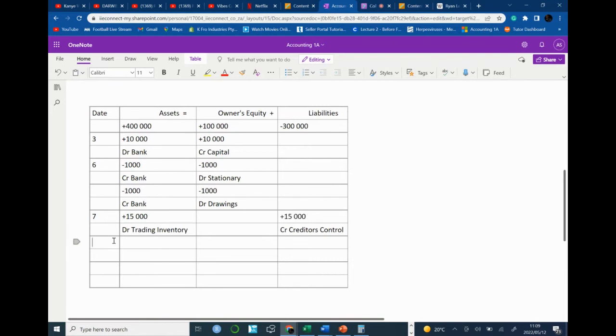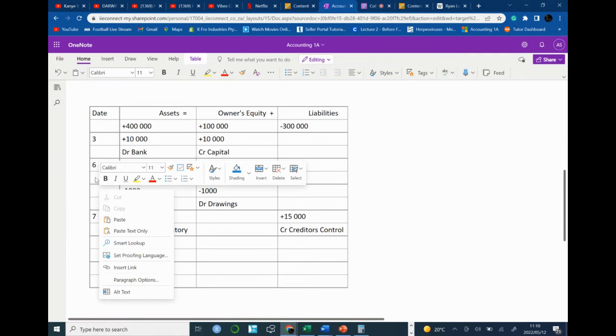Next transaction, purchased some stationery. Here I made a bit of a boo-boo, because if we read up top, it says TYT has been trading in stationery since inception. What that means is that the stationery that was bought was actually trading inventory.